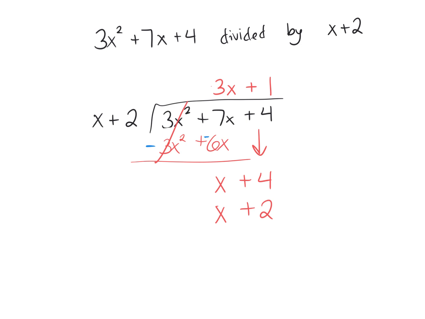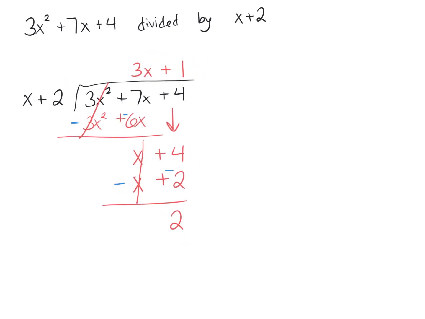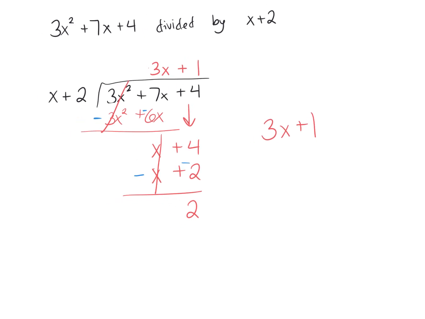What do I do now? Subtract. So, what happens to the x's? Cancel. 4 minus 2? 2. 2 is my remainder. Do you agree? It's what I have left over. So, my answer is 3x plus 1. How do I write the remainder?